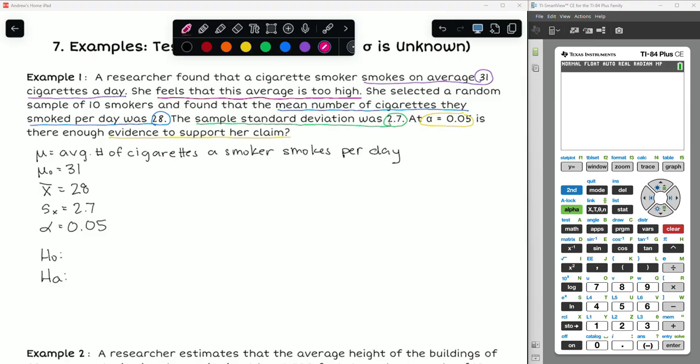She thinks that 31 is too large. My null is the claim that the mean cigarettes per day for a smoker is 31. The researcher feels that's too big, meaning she feels the mean is actually less than 31. Since I'm testing a claim about less than, I know this is going to be left tail.